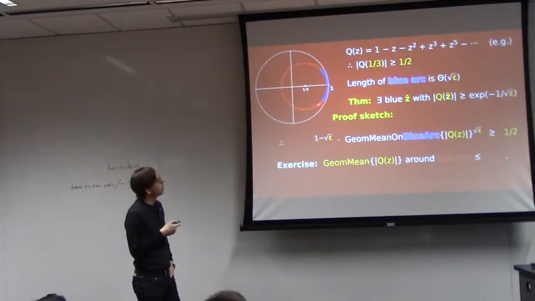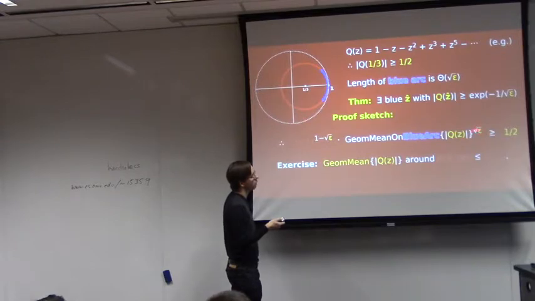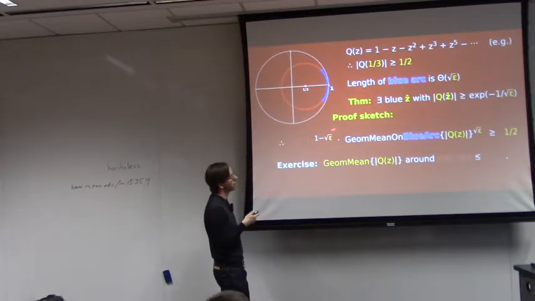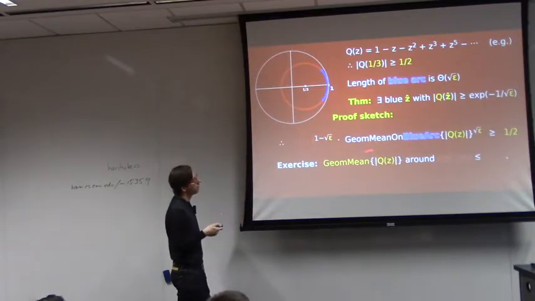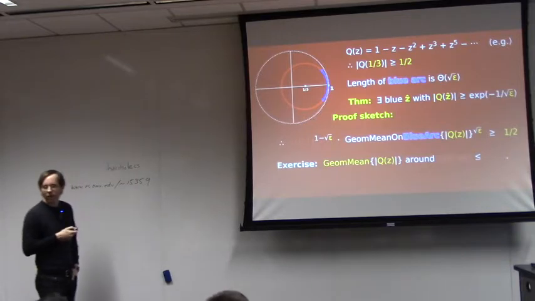So the geometric mean of Q around the circle is basically the geometric mean of the red part to the power of mostly 1 minus root epsilon, times the geometric mean along the blue arc to the power of root epsilon. This is the proportional length of the blue arc, and this is the proportional length of the red arc. We upper bounded this, and therefore, eventually, we can lower bound this. Does that make sense?